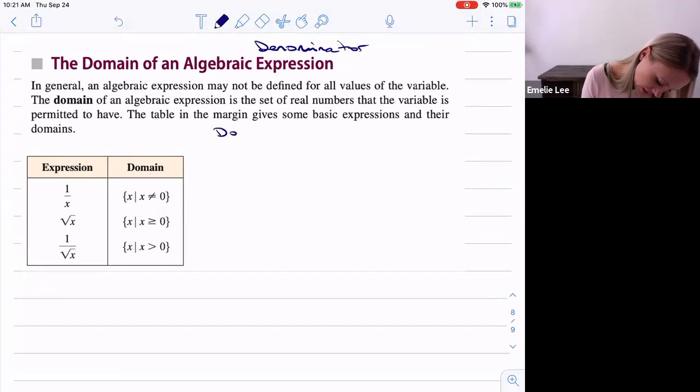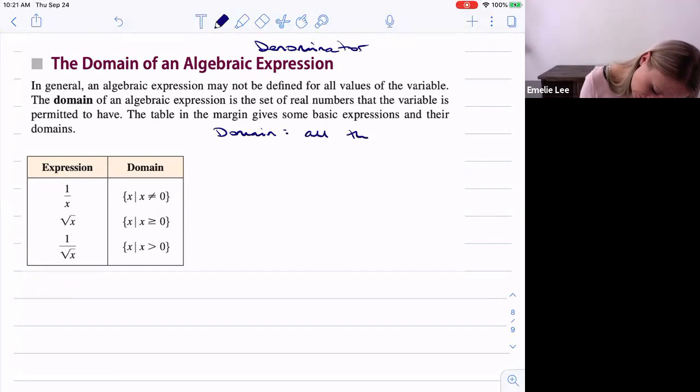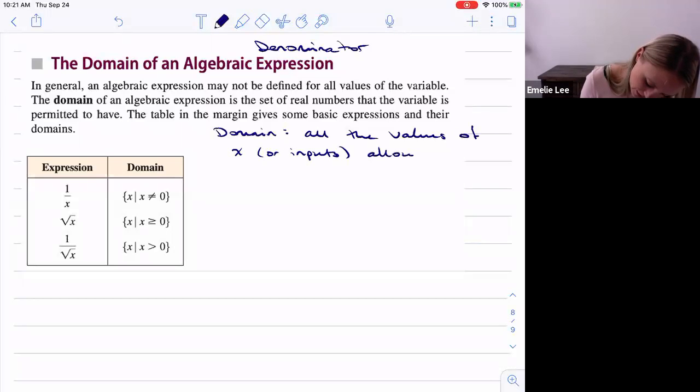So what we say is that the domain is just all the values of x, or inputs, allowed in the expression.